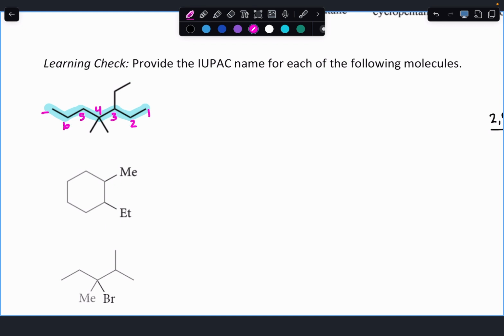So that is the proper way to number it to give the substituents lowest numbers. So we're going to number from the right side of the molecule. So then parent chain, we have 7 carbons, so that's heptane. On carbon 3, we have a 2 carbon substituent, that is an ethyl group. On carbon 4, we have a methyl. And on carbon 4, we have another methyl.